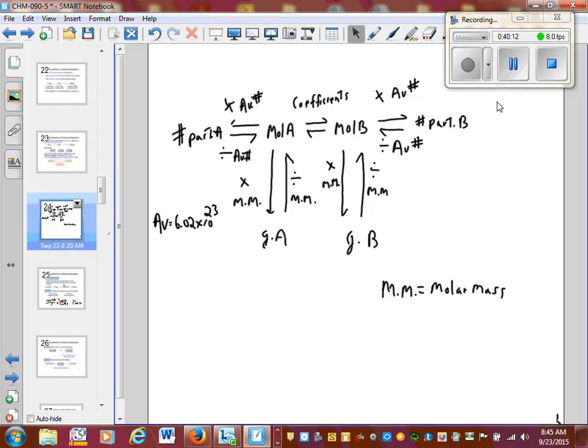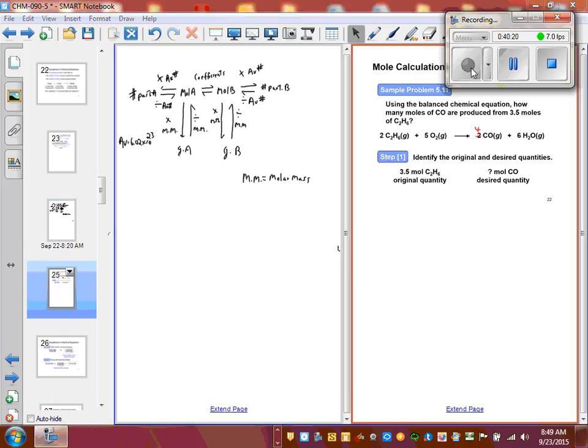Let's try using this roadmap. Here we have an equation. We're burning ethane. And I had to correct it because they had the wrong number of carbon monoxide molecules in there. The key to using the roadmap is knowing where to start and where to end. So you have to read the problem. How many moles of carbon dioxide are produced from 3.5 moles of ethane?